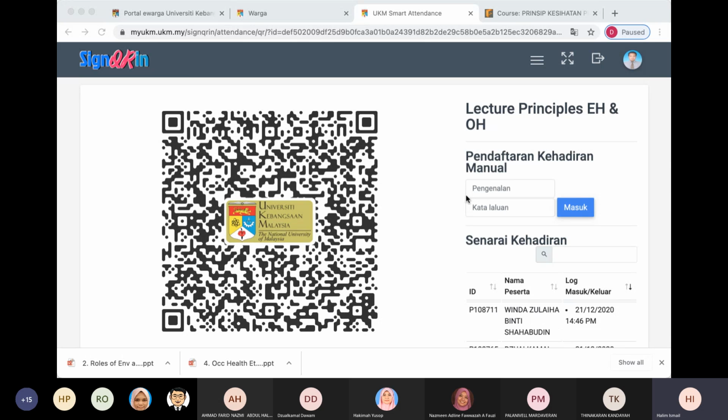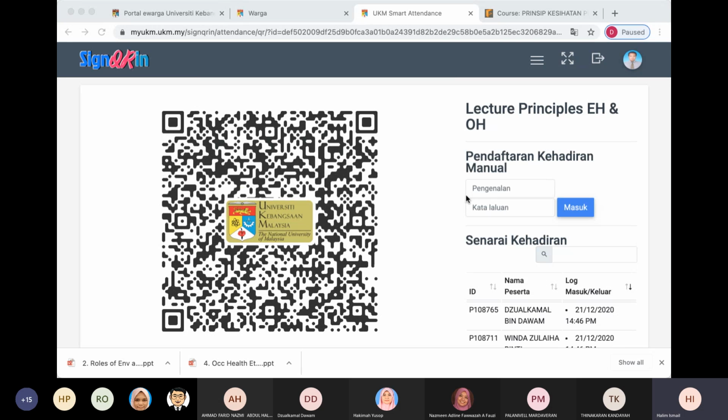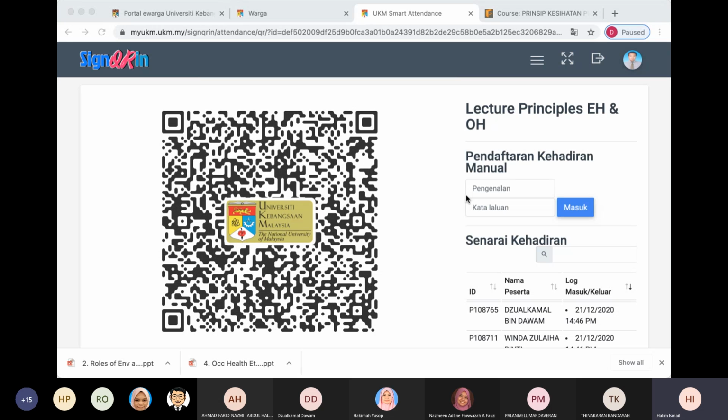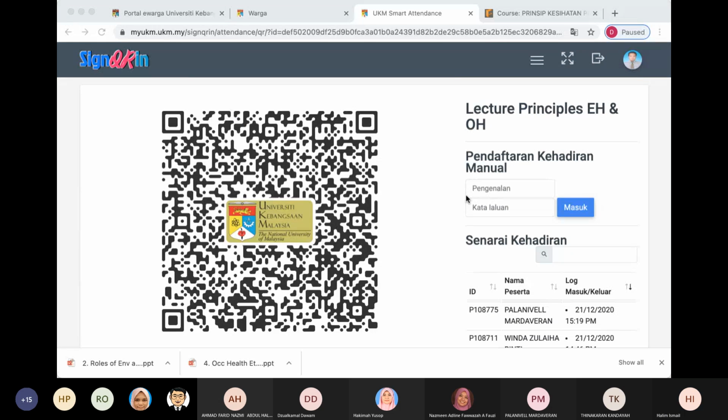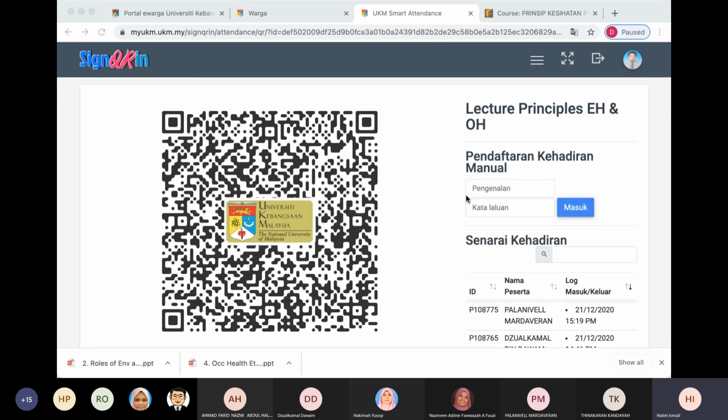Sorry Paul. Scan lagi. Siapa yang tak scan boleh scan tak? Okay, well everybody is scanning. Any questions so far? Tak ada kan? Okay, quite straightforward. Okay Prof, dapat scan lah. Dapat scan. Yeah, good for you.